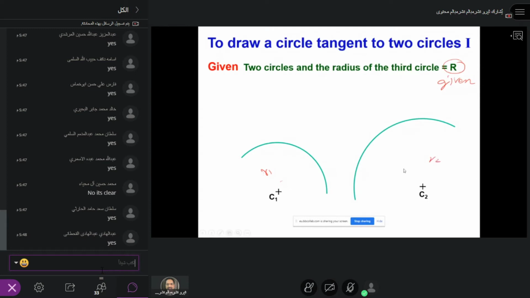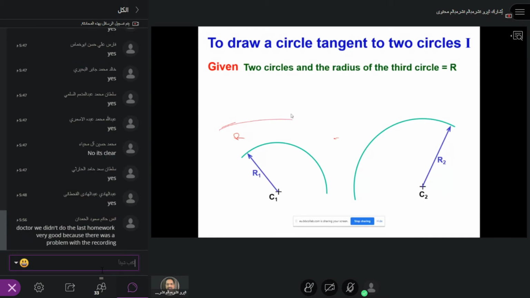First, by using r1, draw c1 and c2. Not the complete circle, maybe, but just half of the circle or quarter of the circle. Once it is done, the next job is to draw this radius, which is already given. So r plus r1, and then you make an arc like this.